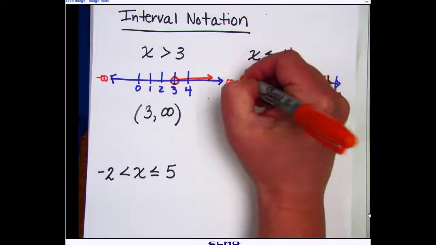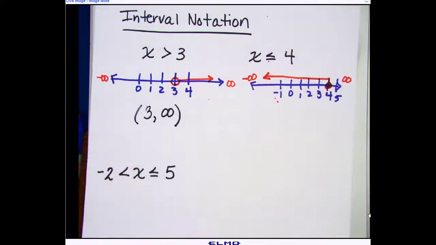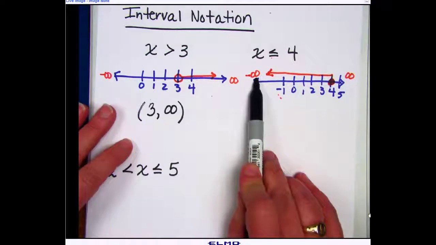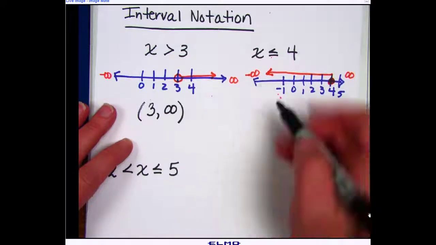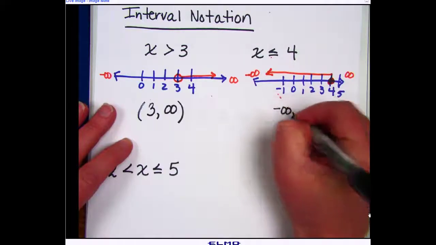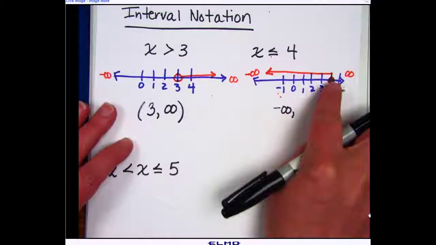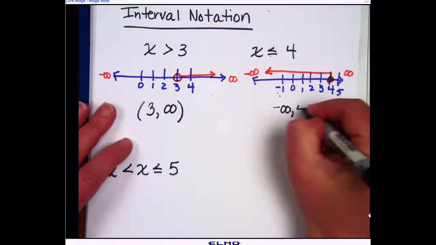And now notice negative infinity's down here, positive infinity's up here. So what is the smallest value this will ever take on? Well, it's going to be negative infinity. Smallest values are always located to the left on the number line. The largest value this would ever take on is 4.